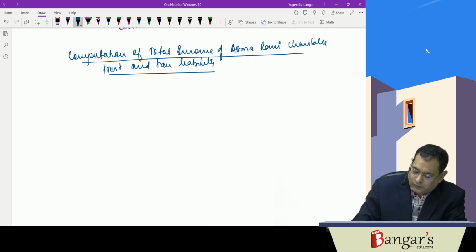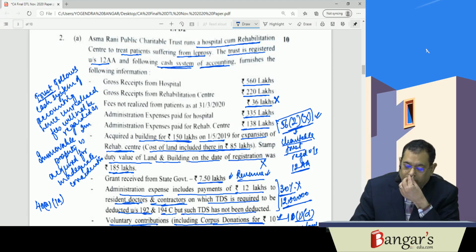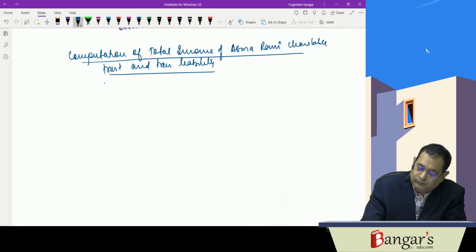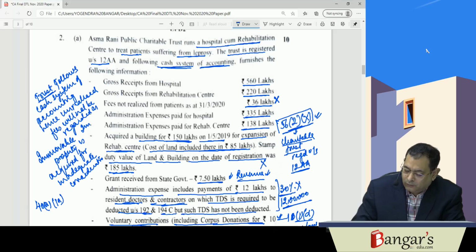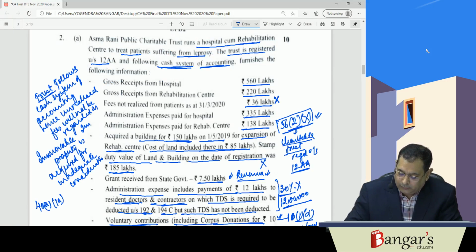First one is gross receipts from hospitals. It is 560 lakhs, less voluntary contributions, which will be taxed separately.